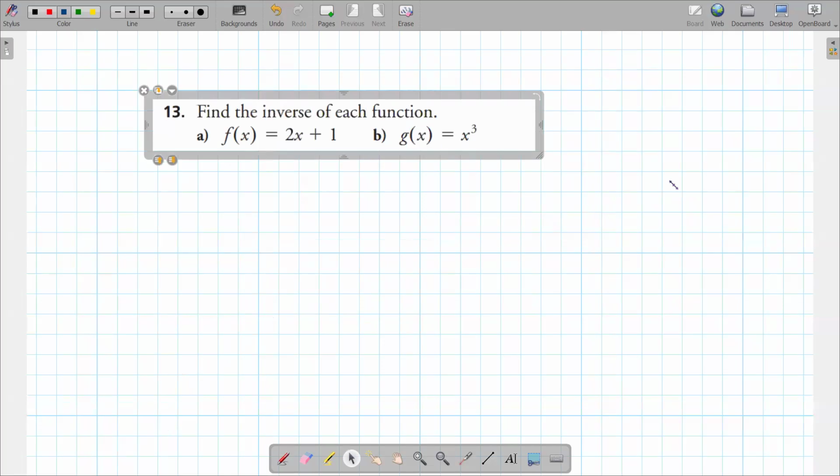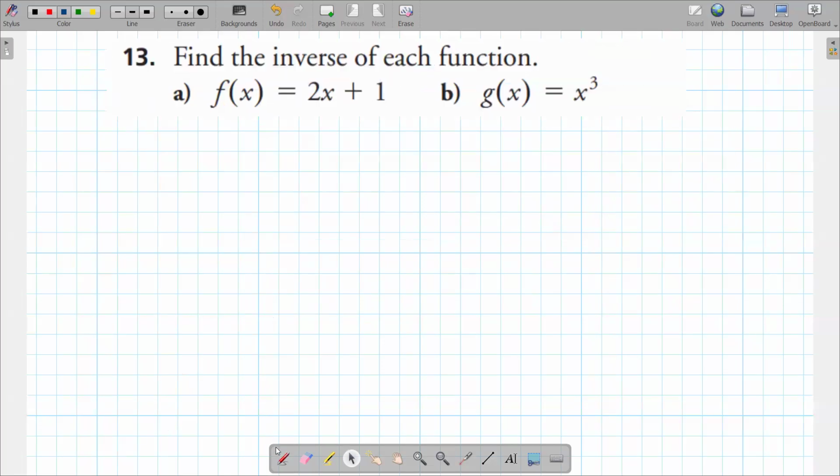Find the inverse of each of the functions. To do it algebraically, you have to follow a few steps. One, you're going to swap x and y. X becomes y, y becomes x. Swap is a dumb word. What's the technical word for this? I'll give you the technical word.